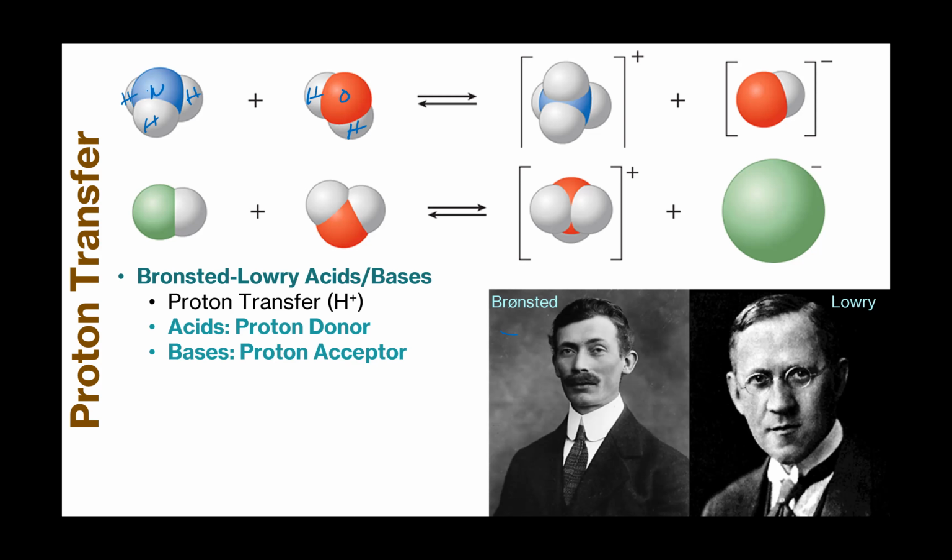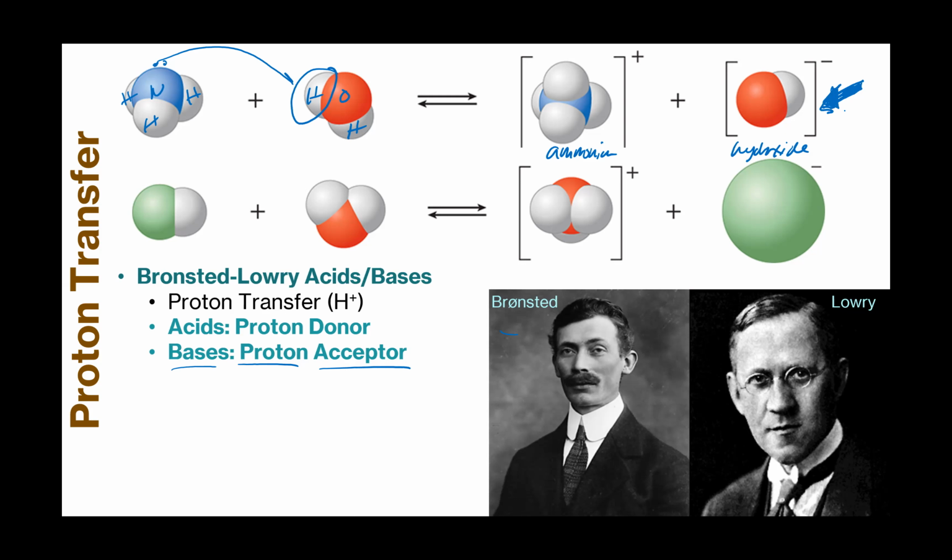One of the H's from water gets grabbed by the lone pair on ammonia and turns into ammonium and hydroxide. So ammonia does the proton transfer, so it acts as a Bronsted-Lowry base. The base is a proton acceptor, but it also produces hydroxide, so it is also an Arrhenius base because we've made hydroxide.